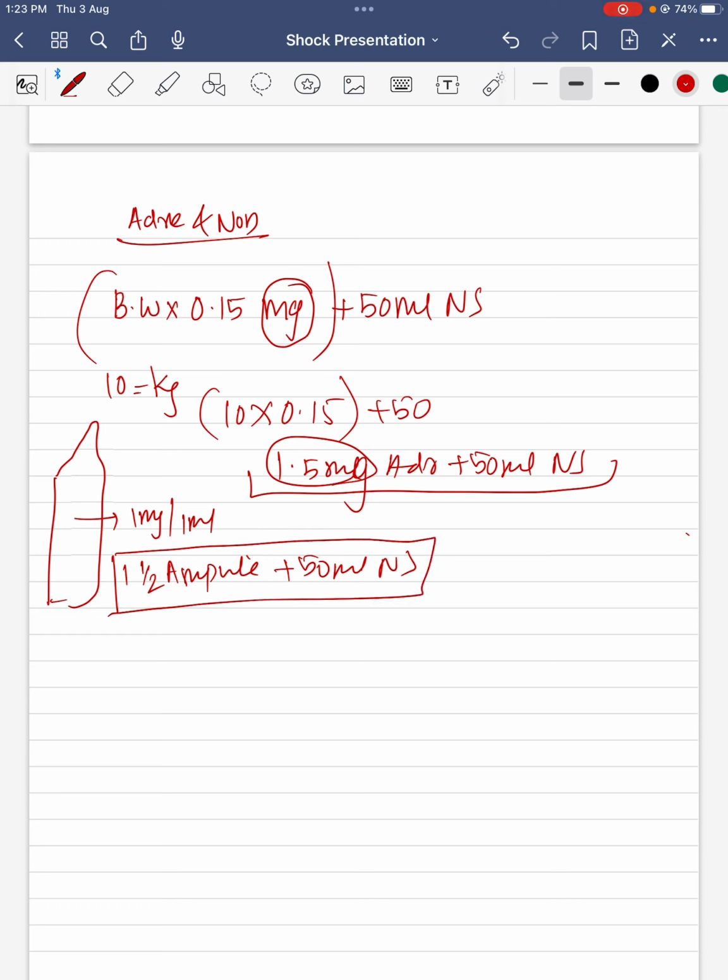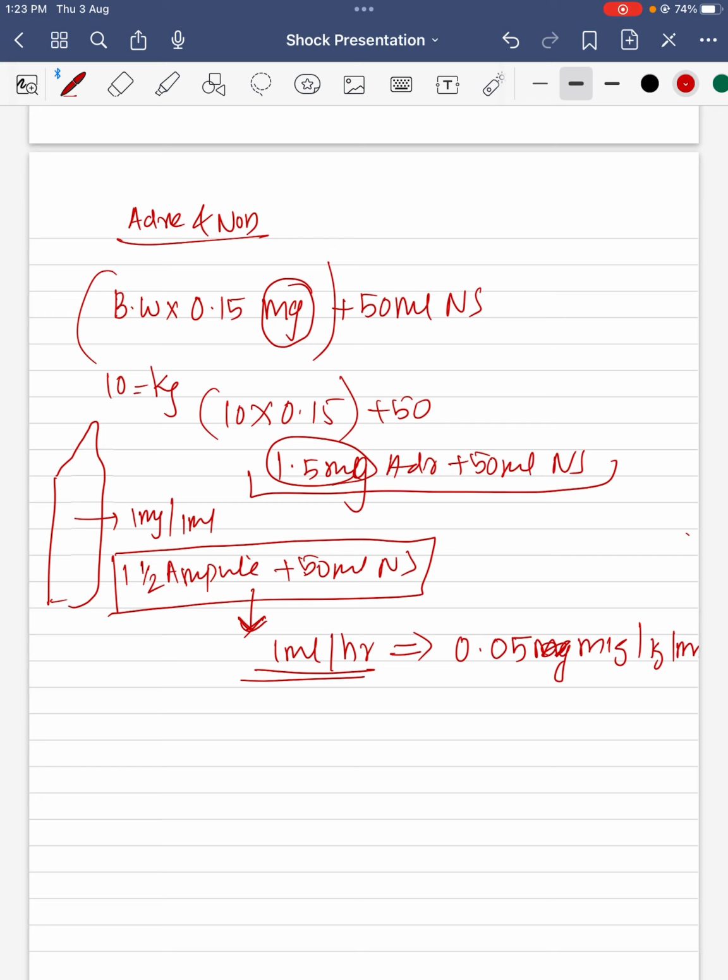If you keep this at 1 ml per hour, it is equivalent to 0.05 microgram per kg per minute. This much clear? So you make the solution and tell the sister to start this solution at 1 ml per hour.